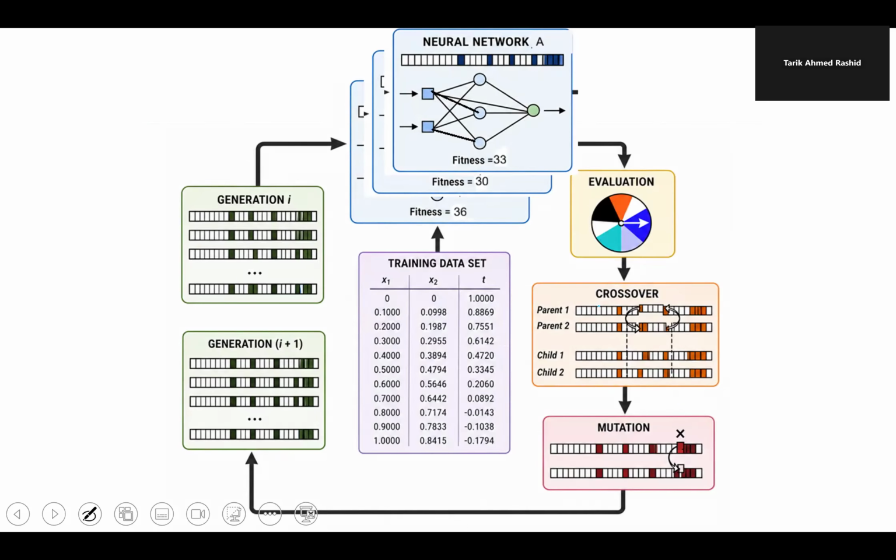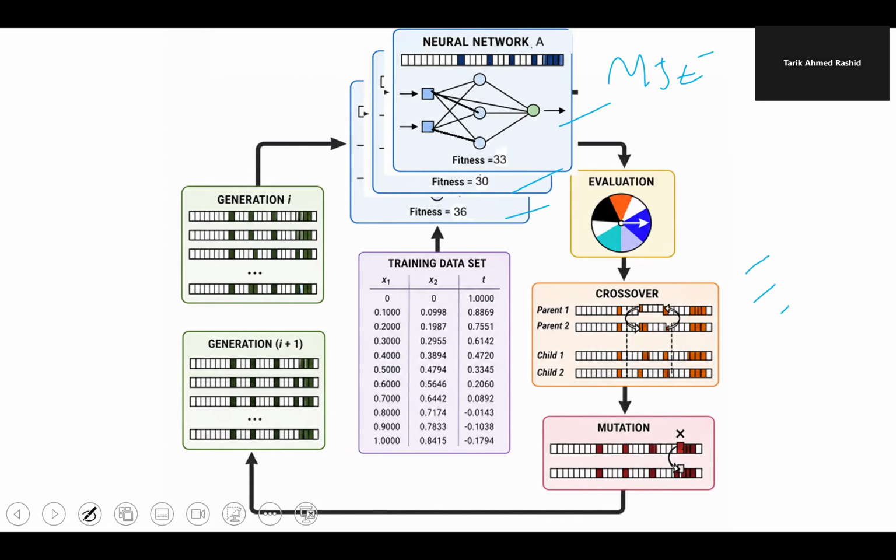So here is the cycle of how we train a neural network with a genetic algorithm. For example, if this is network one, network two, network three, we feed input training data into each of them, and we get the mean square error, and we select the least mean square error. We remove the highest mean square error, and the remaining networks are selected.